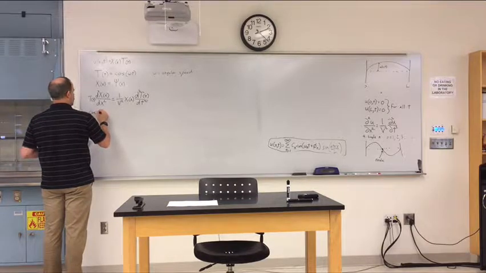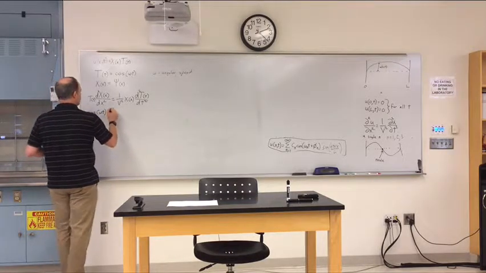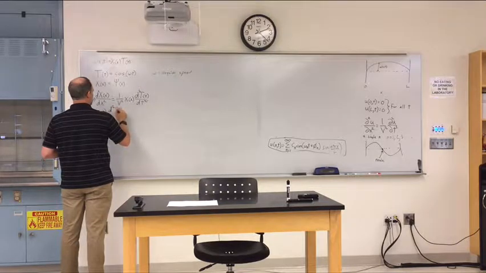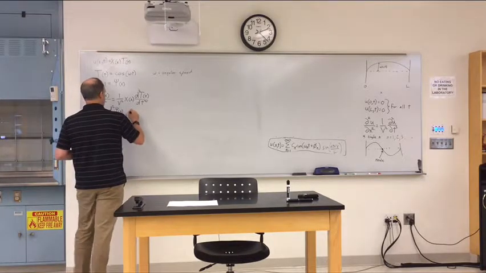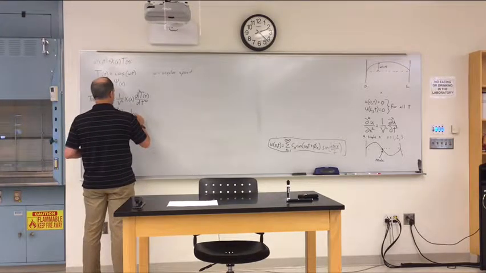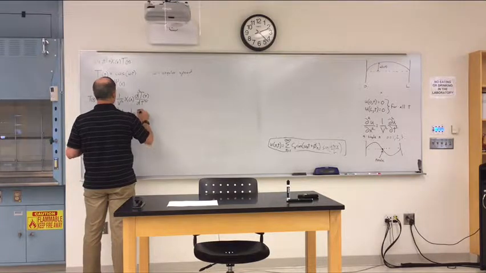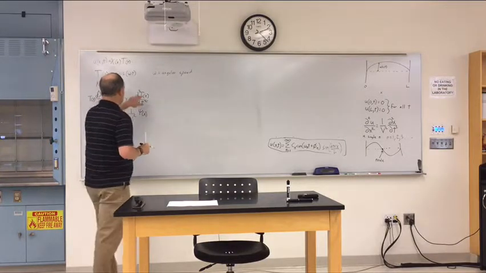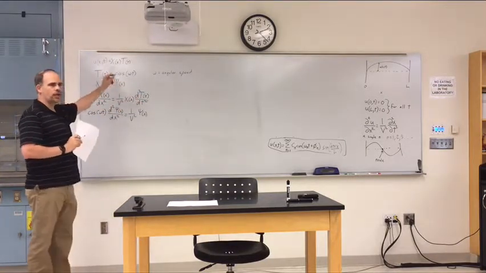cosine omega t, d squared psi of x over dx squared is equal to 1 over v squared psi of x, times the second derivative of cosine.